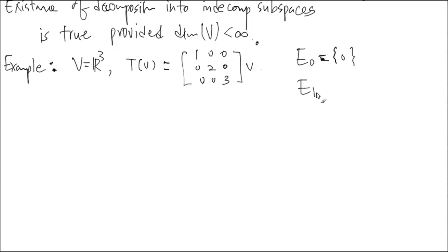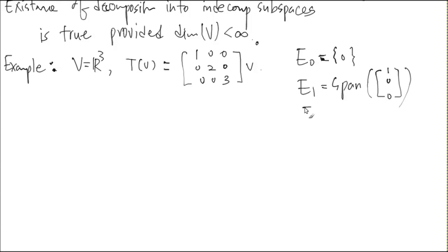Do you see E1? E1 is a subspace, and what vector? So I'm going to give you an idea. 1, 0, 0 is E1. What happens if I hit 1, 0, 0 with this? If you plug it in here, you get this 1, 0, 0 back, 1 times v.